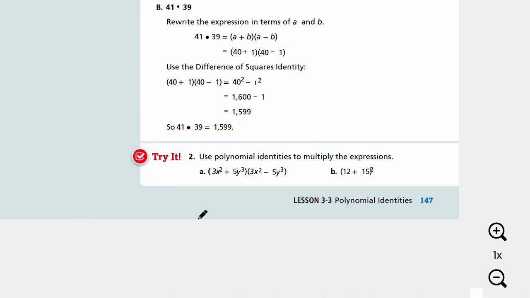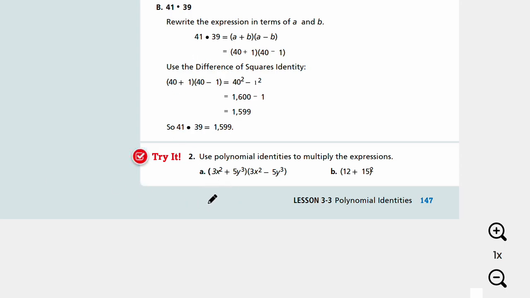So look at part A. Do you see any forms here? Yeah, we see a difference of squares, right? A plus b times a minus b. So your a could just be 3x squared, and then your b could just be 5y cubed.